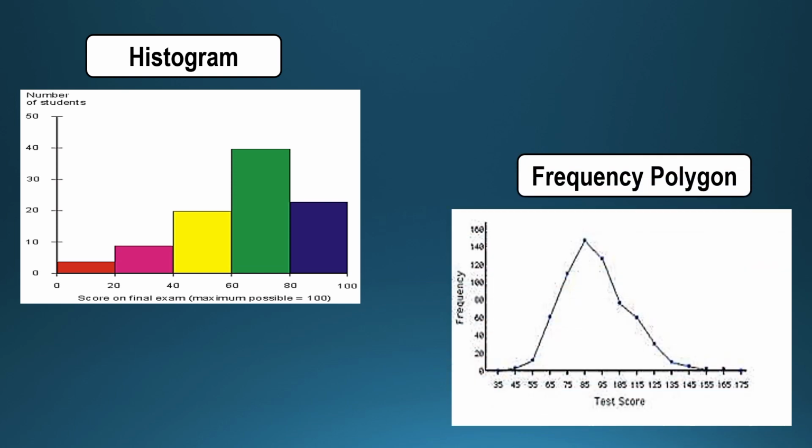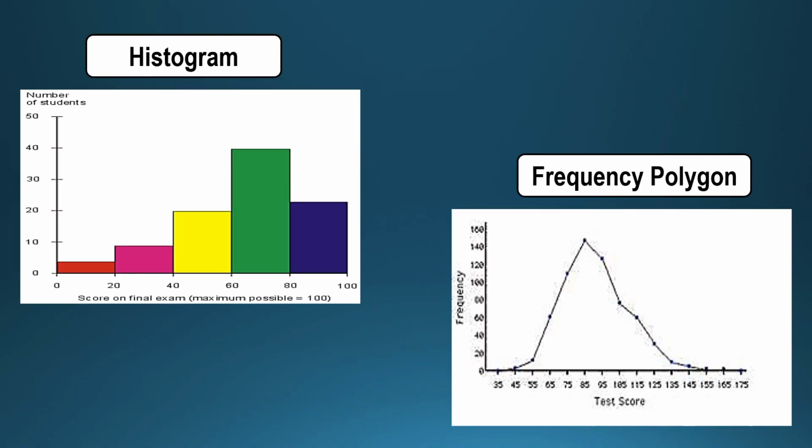Histogram assumes that the scores in a particular class interval are spread evenly in the class interval, whereas the frequency polygon assumes that the midpoint of the class interval represents the scores in the best manner. So this is the difference when we go in for drawing a histogram or a frequency polygon.